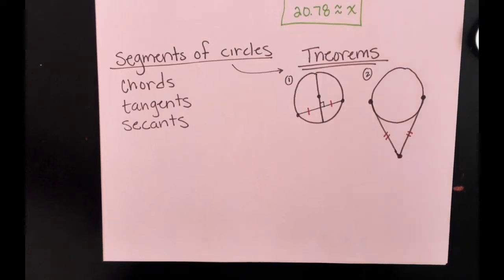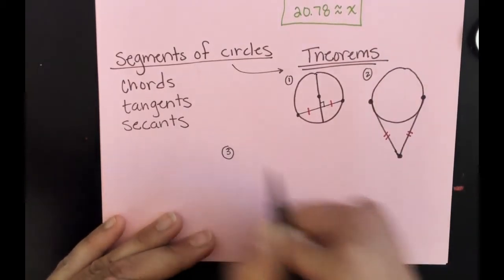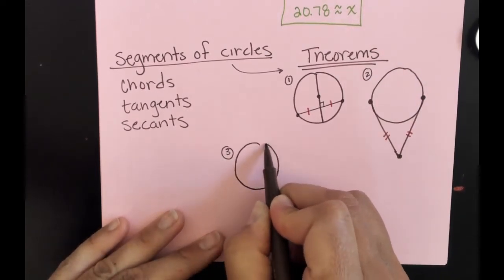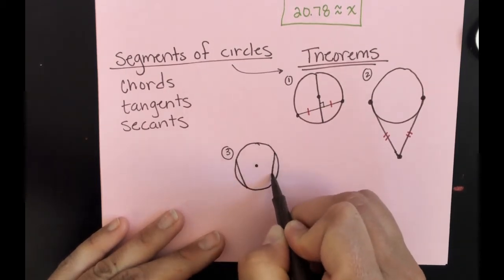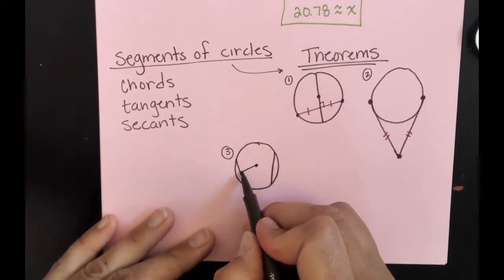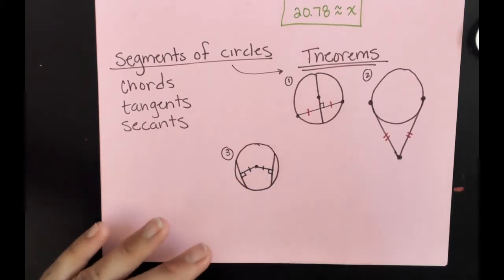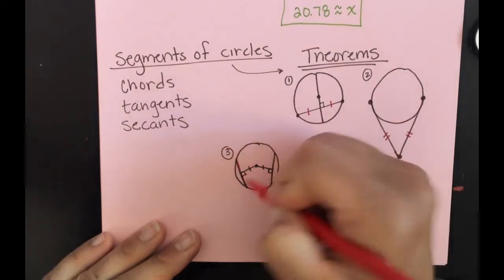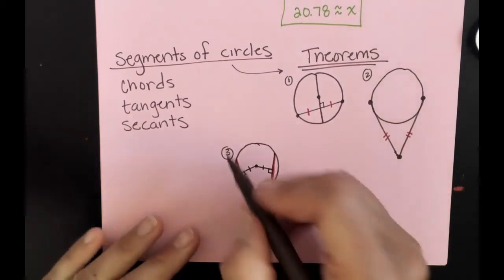Today, we said, let's go a little bit further, and we talked about if two chords were equidistant, again, there's that right angle, and there's the congruent to show equidistant, that these two chords would be congruent.